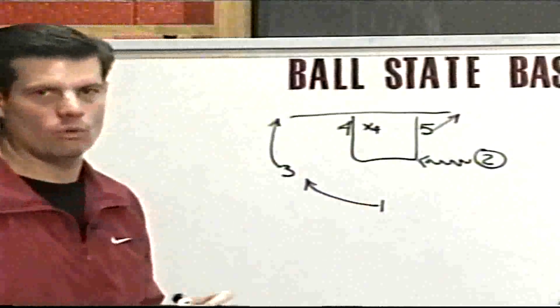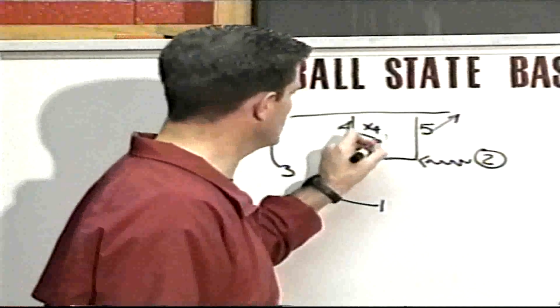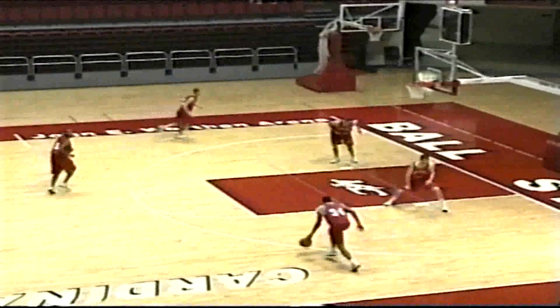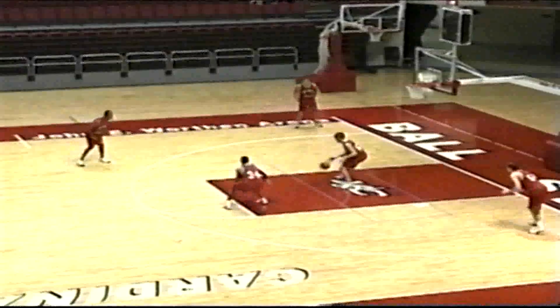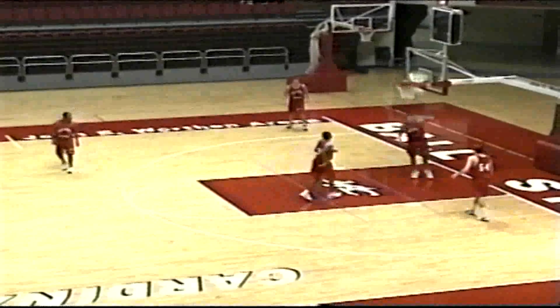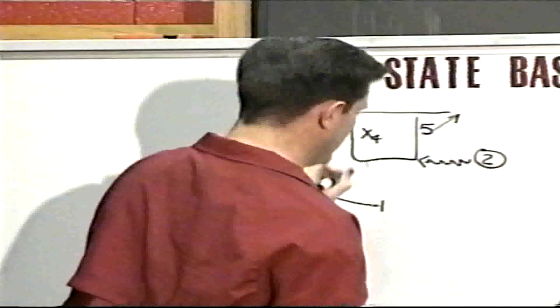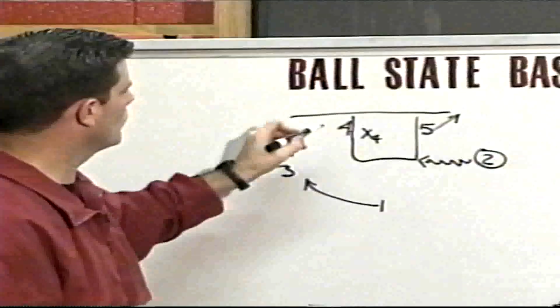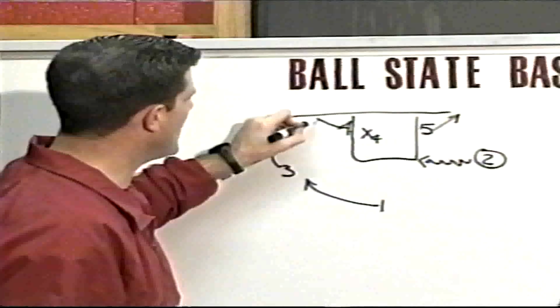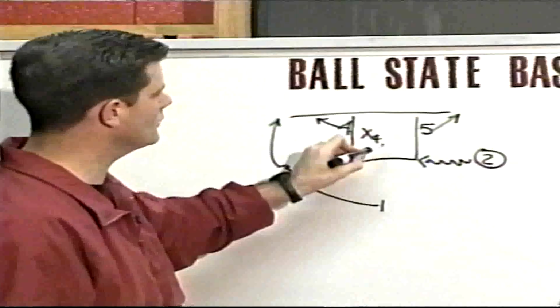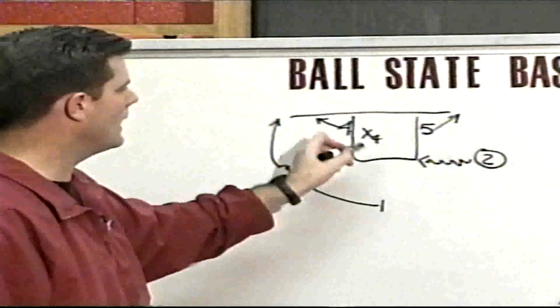or below, then he is to duck this man in, and we are looking to feed him in the post. If X4 is what we call up, and there is no duck-in available, then what the 4-man will do is pop to the opposite short corner, looking for the drop-off pass if 2 is able to get in the lane and X4 helps.